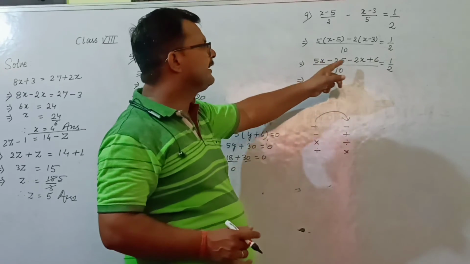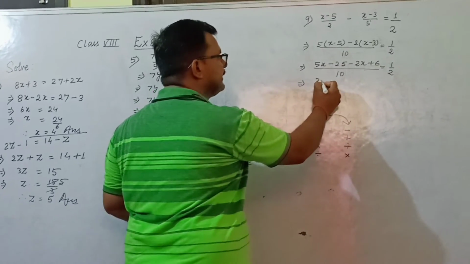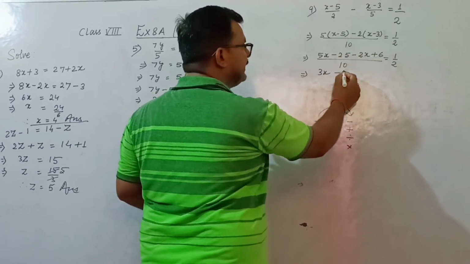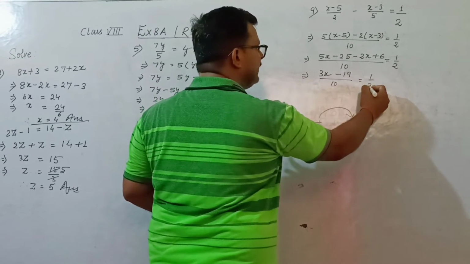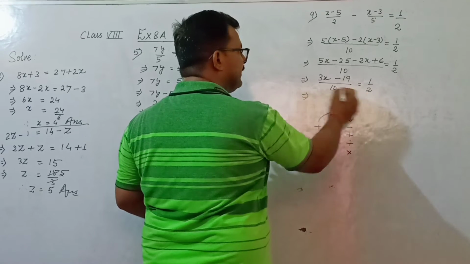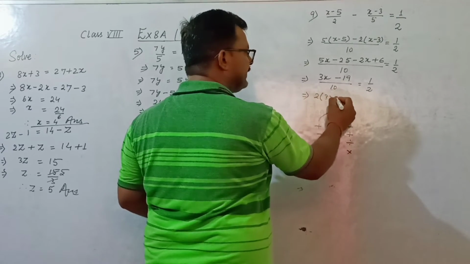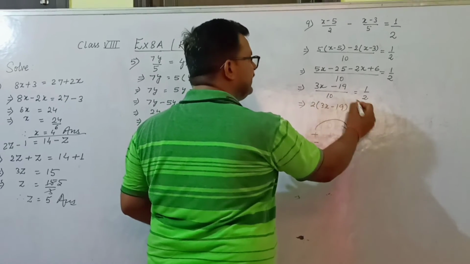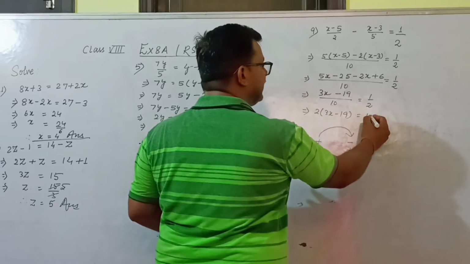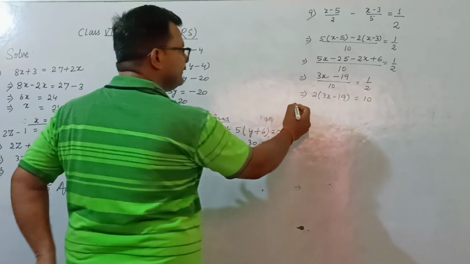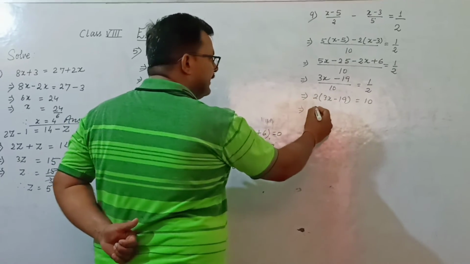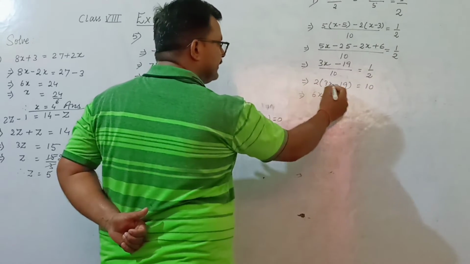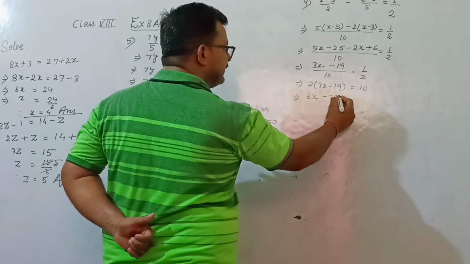Now you shorten it by joining the like terms. See, 5x minus 2x, 3x. 25 minus 6, 19 upon 10 is equal to 1 by 2. Do cross multiply. 2 will be here, 3x minus 19. Here what will be? 10 ones are 10. 2 into 3, 6x. 19 twos are 38.